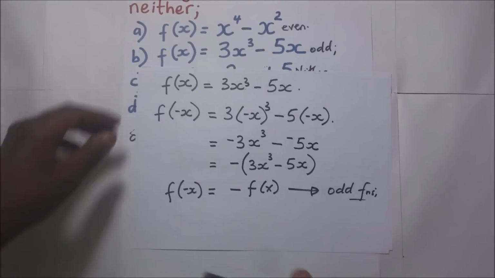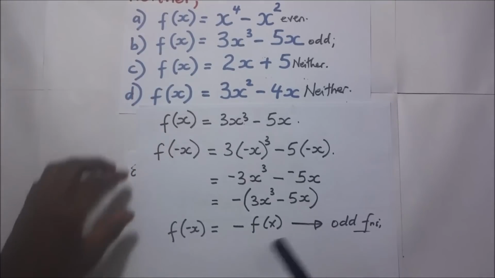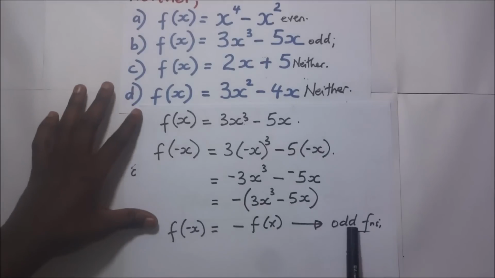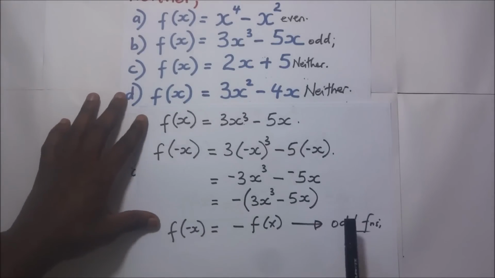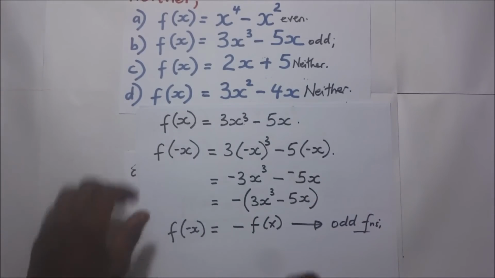Now, if I work it out, like in these last two, and it so happens that neither of these two conditions of the odd function and the even function are met, then that function is neither odd nor even.